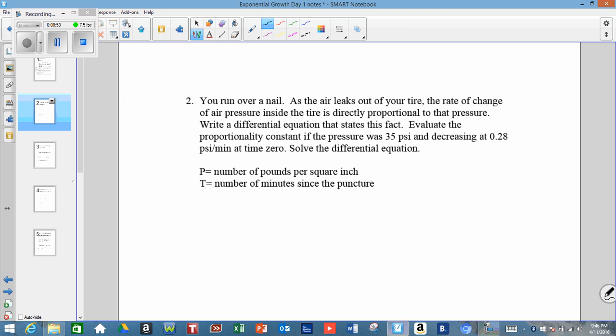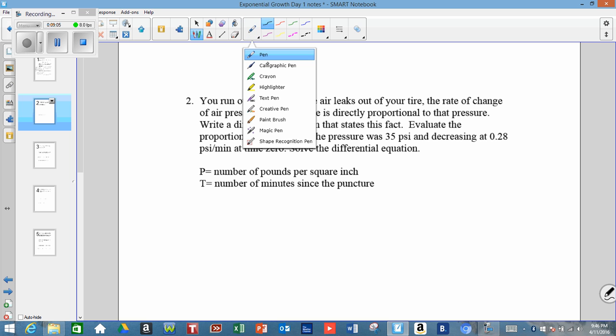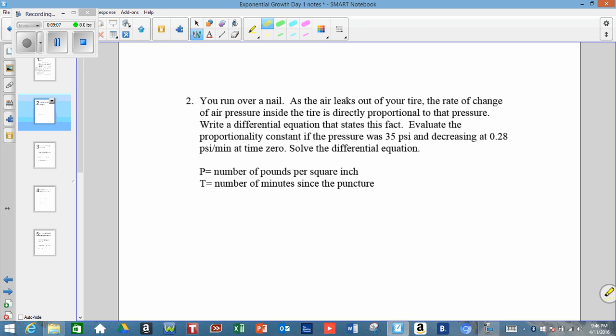Number 2, you run over a nail. As the air leaks out of your tire, the rate of change of the air pressure inside the tire is directly proportional to the pressure. That is a key. Let me go ahead and highlight that one because this directly proportional is pretty important.